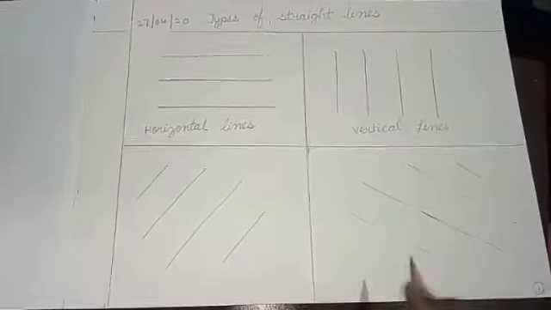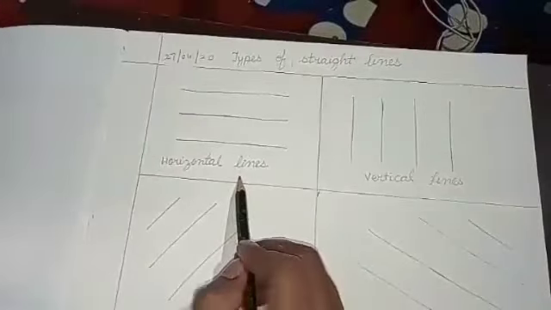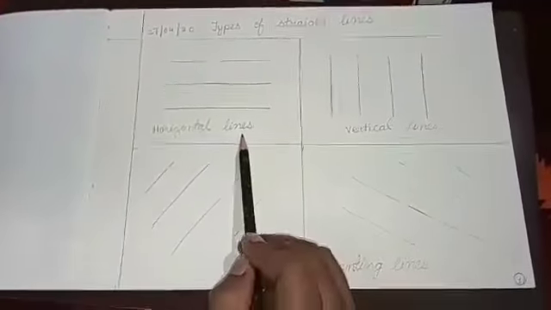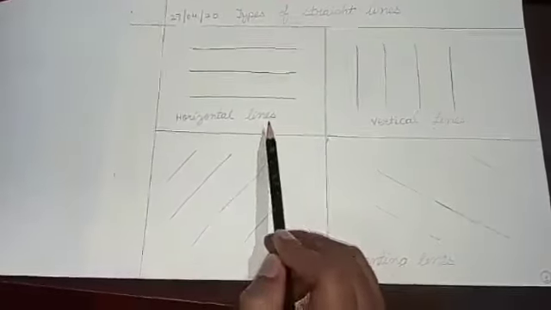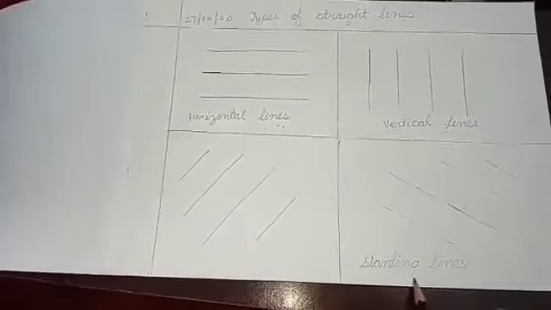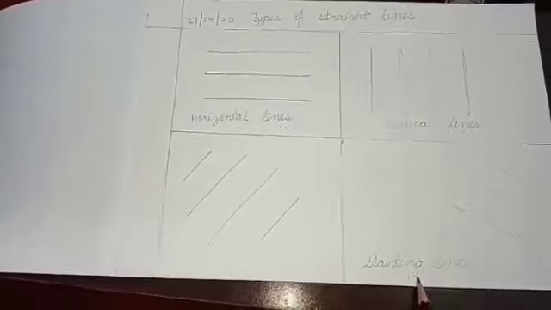So these are slanting lines. We write slanting lines. So these are horizontal lines, these are vertical lines, and these are slanting lines. Horizontal lines are also known as sleeping lines. Vertical lines are also known as standing lines, and slanting we can call it diagonal.